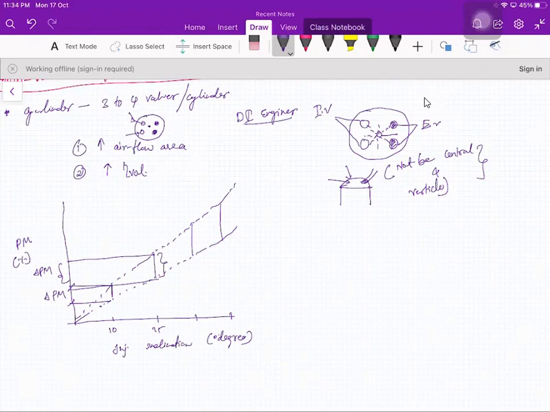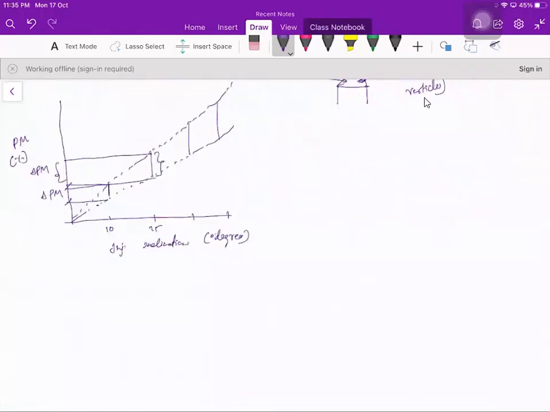Now, this also has an effect on the two-valve and four-valve engines for BSFC and particulate matter. Before that, we'll have a small concept. A centralized combustion system has lower swirl requirements and thus a smaller fraction of fuel is premixed during the delay period.